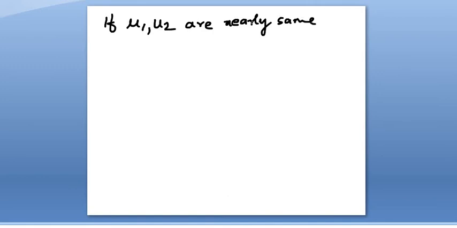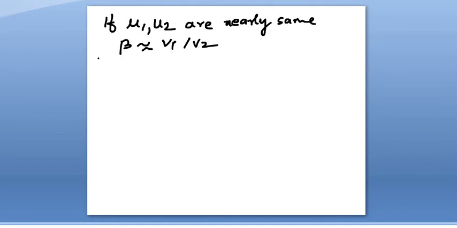If mu1 and mu2 are nearly the same, our beta is approximately equal to V1 by V2.